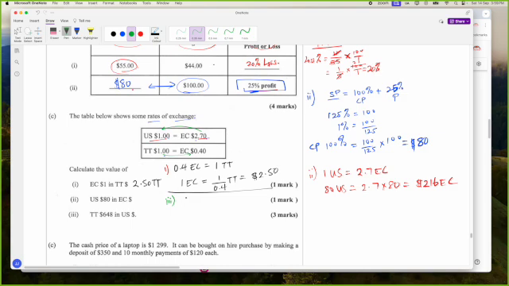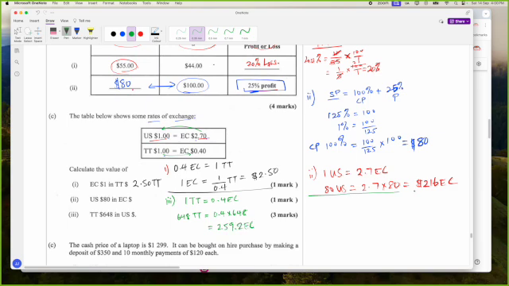So 1 TT is 0.4 EC. 648 TT will be 0.4 times 648, which is 259.2 EC.